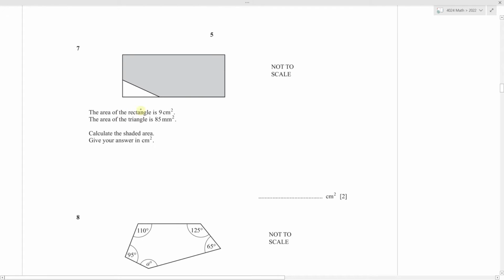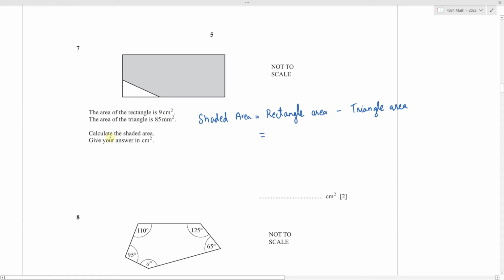Question number 7. The area of this rectangle is 9 centimeters squared. Area of triangle is 85 millimeters squared. Calculate the shaded area. Give your answer in centimeters squared. So your shaded area is rectangle area minus the triangle area.